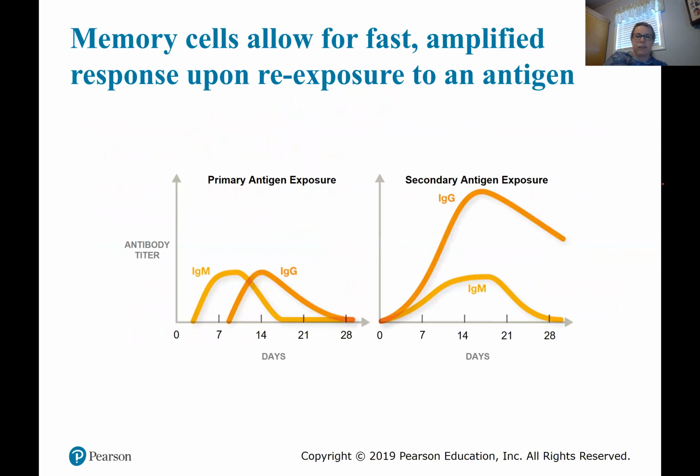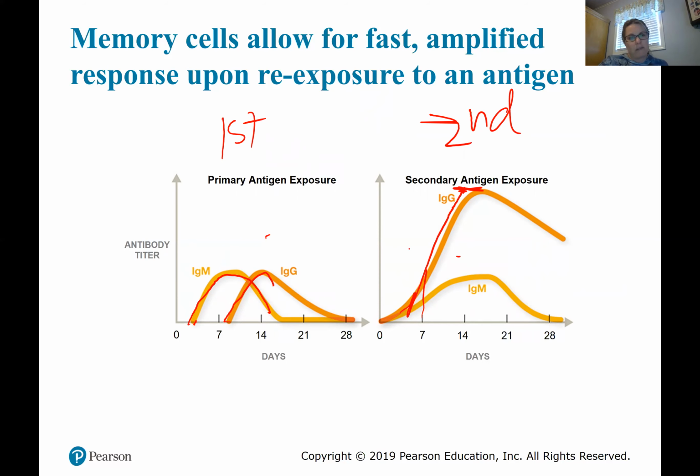So here's first exposure, first response, second response, and both of these graphs are on the same scale. You see IgM takes a few days to get going. IgG's out here after 2 weeks. Secondary exposure, look at IgM. Look how high IgM is just after a couple of days.